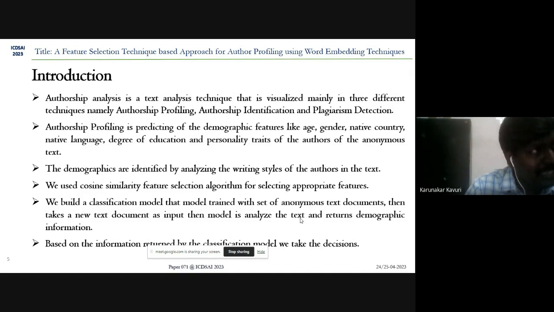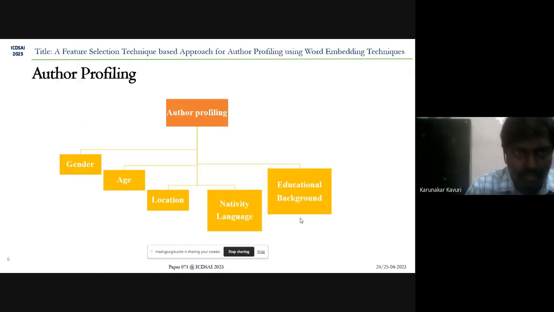The text doesn't mention any of this information, so we need to tell it based on a classification technique. So this is author profiling: predicting gender, age, location, nativity, language, educational background, and all.